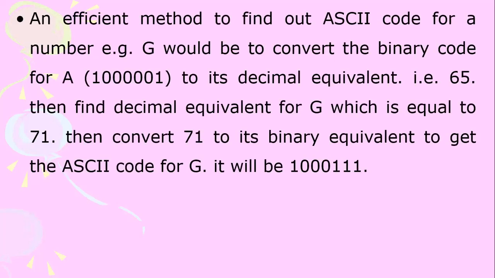An efficient method to find out the ASCII code for a character, for example G, would be to convert the binary code for A, that is 1000001, to its decimal equivalent, that is 65.